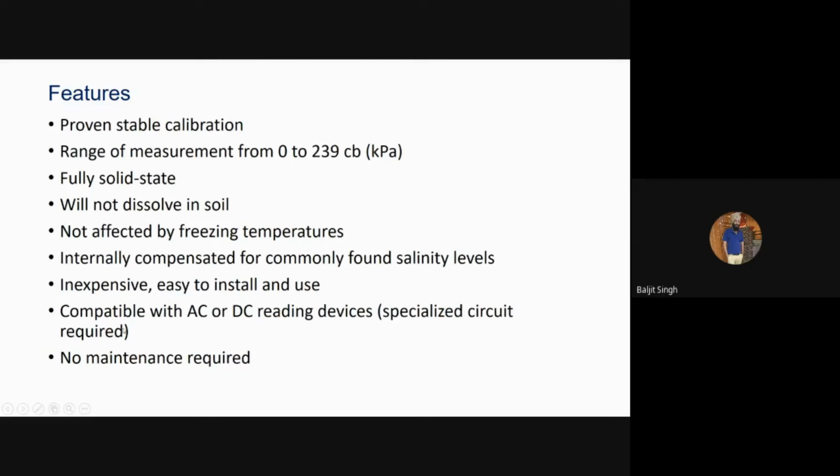A signal conditioning circuit can be made with which it can be connected to any microcontroller or any direct display unit also. No maintenance is required once it is installed. It has stable calibration, so no maintenance is required.